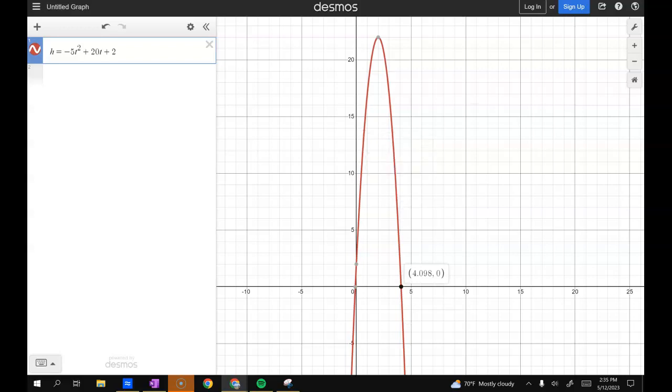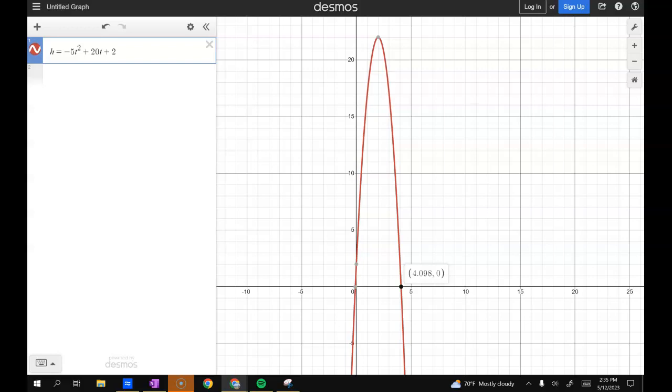So down there at the bottom, we see we have 4.098, comma 0. That means it has taken we can say 4.1 seconds for the ball to travel up and all the way back down to the ground.